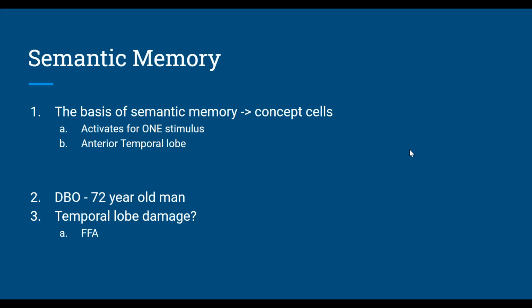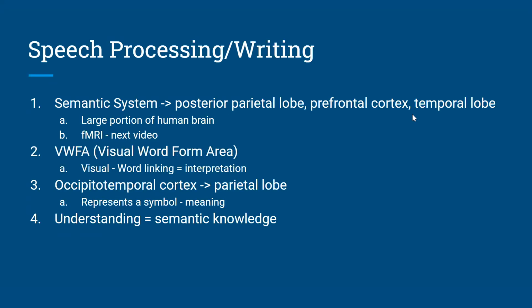So if you want to cross-reference and identify something, your temporal lobe is the crucial part. The connection between your visual cortex and your temporal cortex will be damaged, so it's not going to work properly and you won't be able to identify it properly.